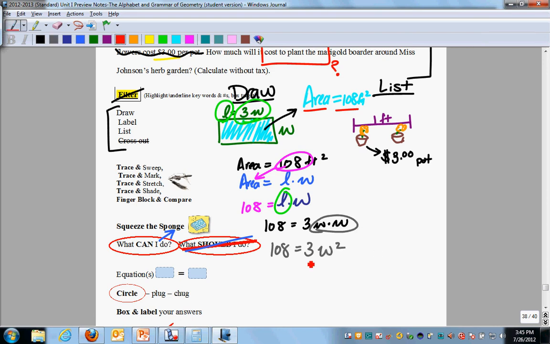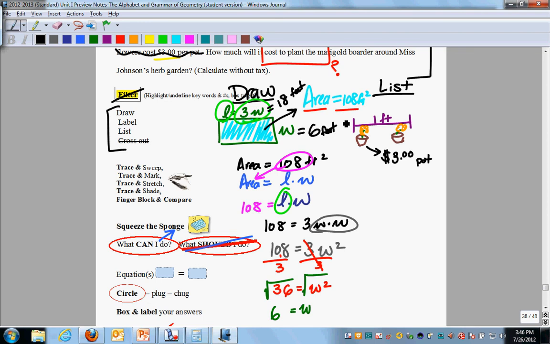To solve, we're going to divide by 3. 3 goes into 10 3 times, 1 left over. 1 and 8 is 9, so 3 goes into 18 6 times. 36 equals W squared. To backtrack a square, use square root. And our width equals 6. So our width is 6, and our length is 3 times 6, which is 18 feet.